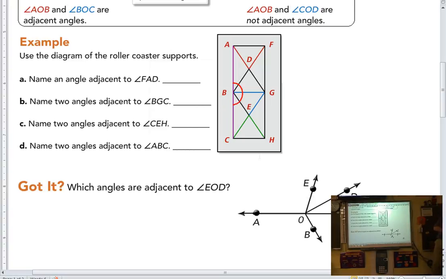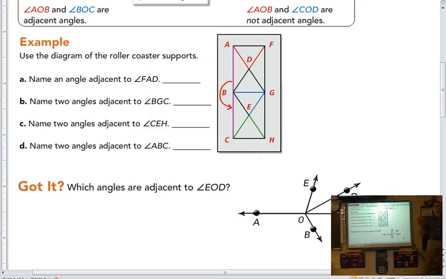Does ABC have to open to the right? How big is it? 180, right? So, is it still 180? Is it still angle ABC?